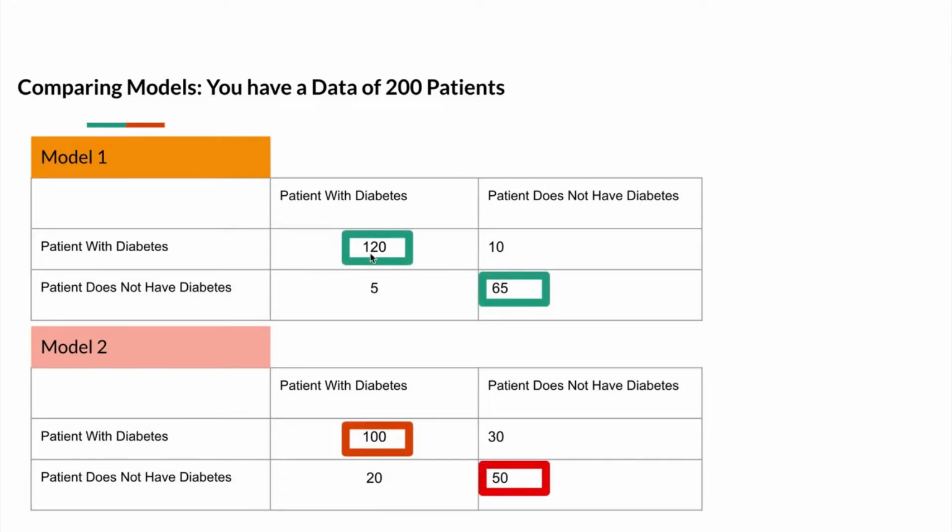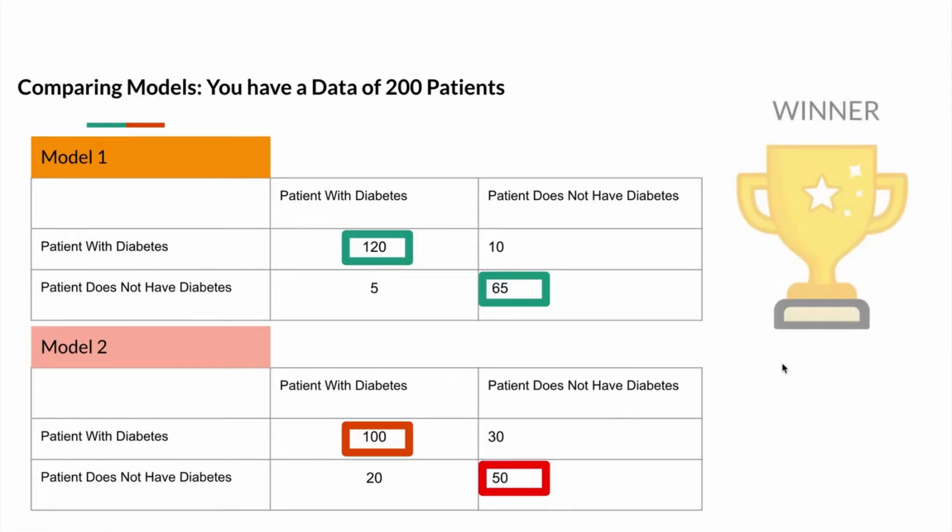In model 1, you will notice that the machine learning algorithm predicted that patient had diabetes in about 120 patients. Now when you compare that with model 2, the correct number of predictions were only 100. Therefore, in this instance, your model 1 would be your winner, and that is the classification algorithm that you would use to predict patients with diabetes.